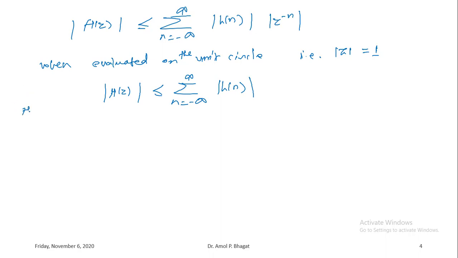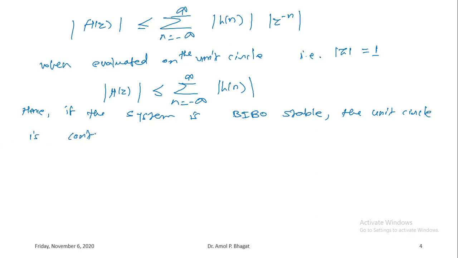So hence, if the system is bounded input, bounded output stable, the unit circle is contained in the ROC of H(z), right?